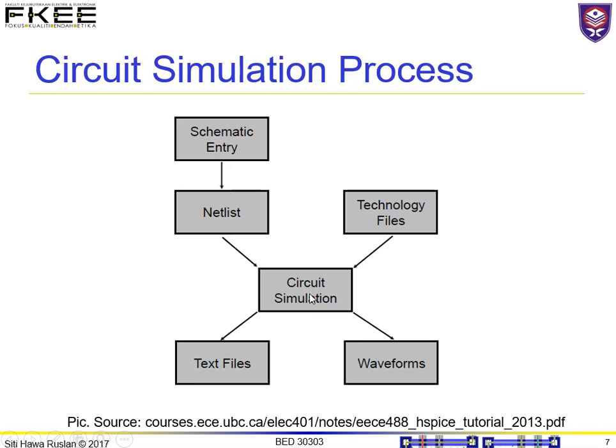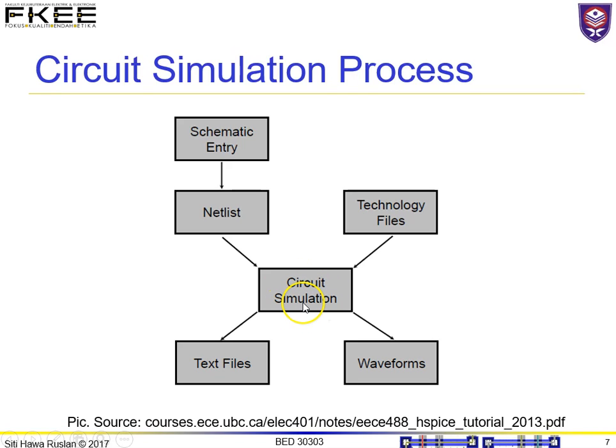When you simulate your circuit, the simulation is actually done based on the netlist. This is the schematic entry. You draw your circuit and the circuit will be converted into a netlist. This netlist is simulated by the appropriate SPICE engine. It depends on the technology file over here, might be 250 nano, 90 nano, and so on.